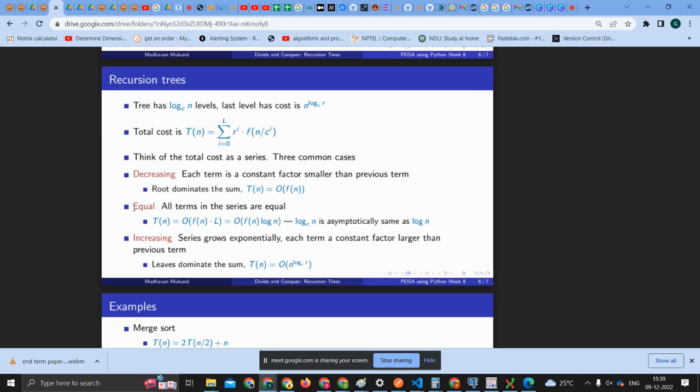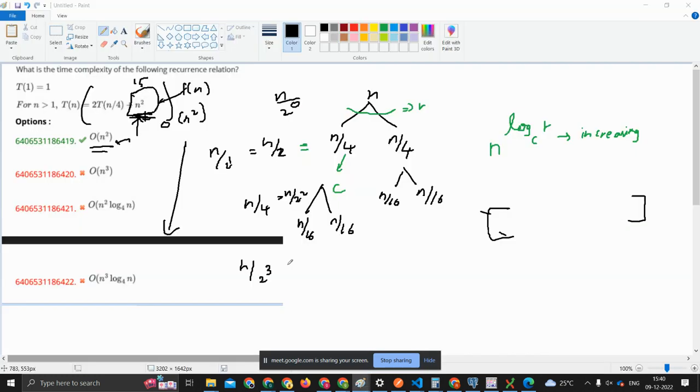For equal kinds of things, when it is equal, it's going to take log n times. That base alone will change every time based on how we are dividing it. Let me repeat. C is nothing but how much you are dividing by, right?